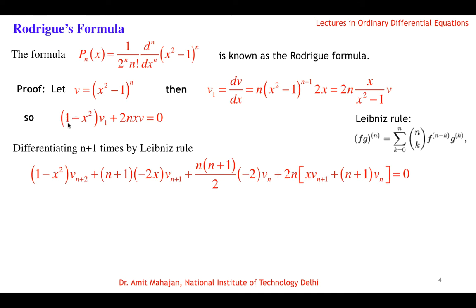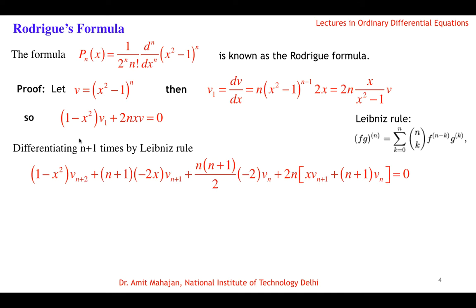We have 1 minus x squared as the f function and v1 as the g function. So it will be (n+1)C0, which is 1, into this function into its (n+1)th derivative, so v(n+2), because one derivative is already there. Then (n+1)C1, which is n+1, into the first derivative of this, which is minus 2x, and the nth derivative of v1, which is v(n+1).